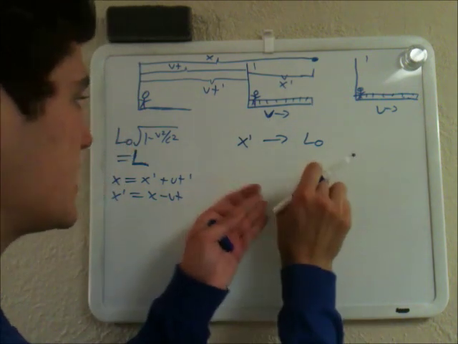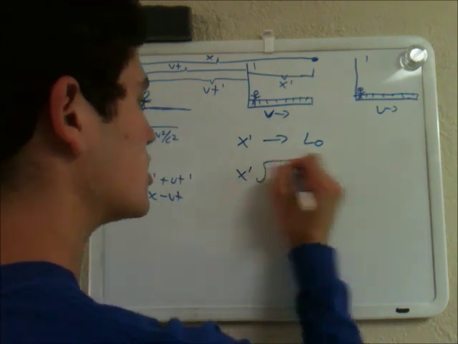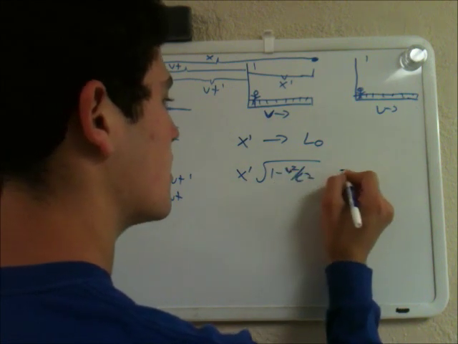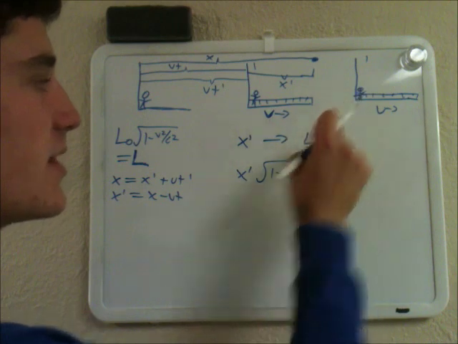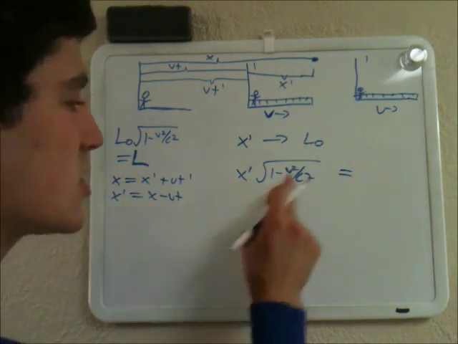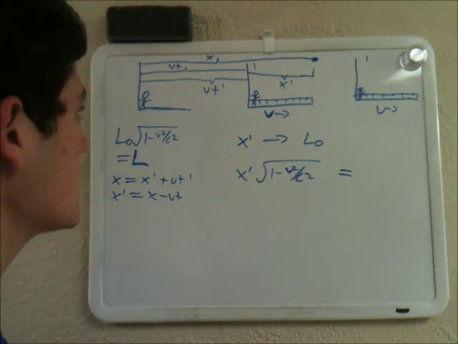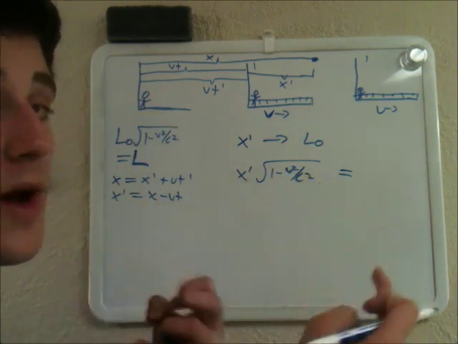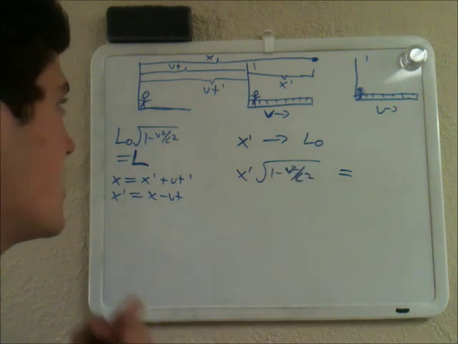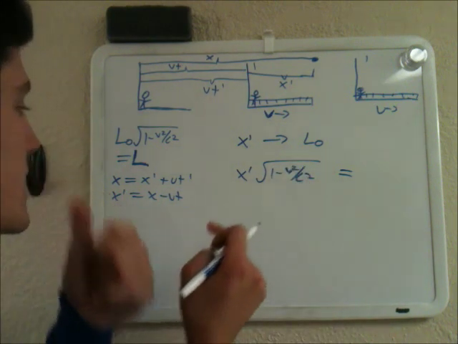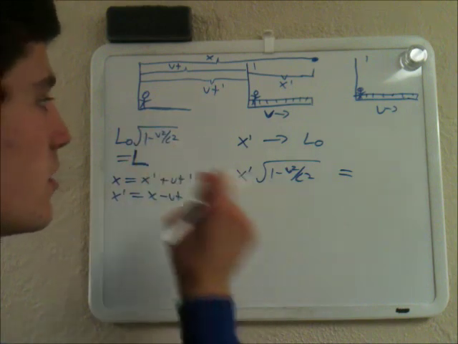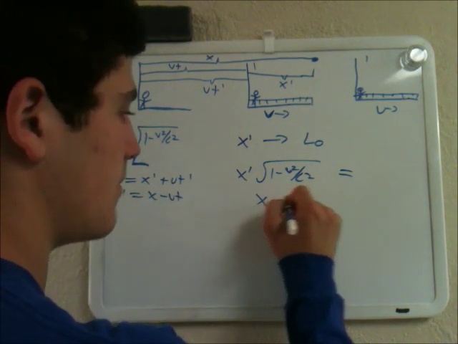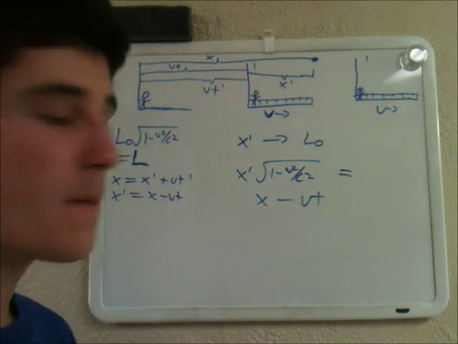So if we understand that and we plug that in, we say x prime times the square root of 1 minus v squared over c squared, this length that is measured by the prime reference frame, is going to equal the length that a person in the other reference frame, where the difference between the frames is the velocity v, perceives it to be, which will be x minus vt.